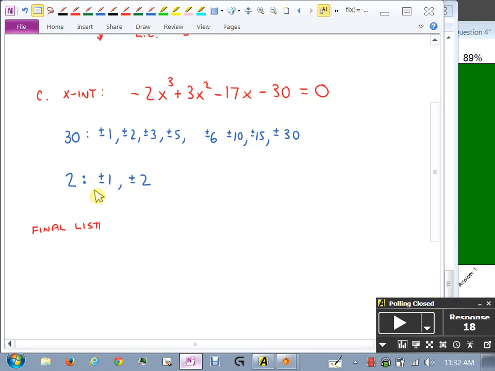Okay, so here's what we're going to do to get our final list. We take every number here and divide it by this number first. So what's 1 divided by 1? 1, and you could get a positive or negative 1, so plus or minus 1. What's 2 divided by 1? Plus or minus 2. What's 3 divided by 1?